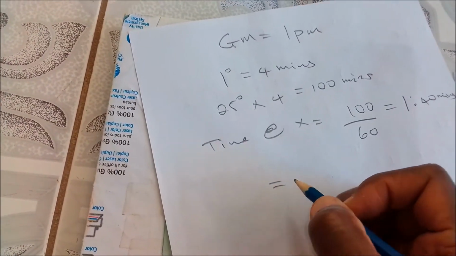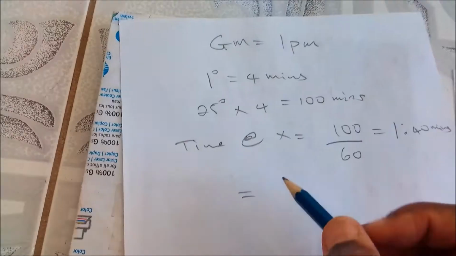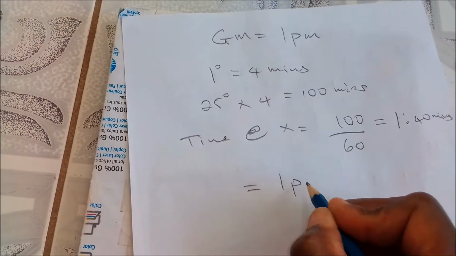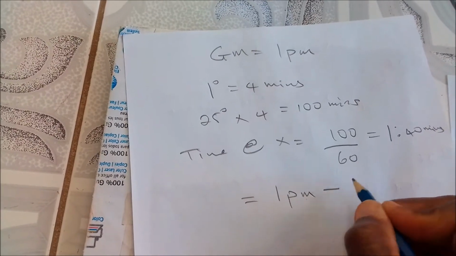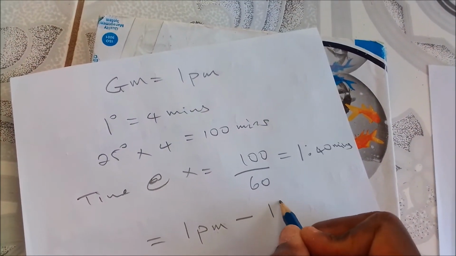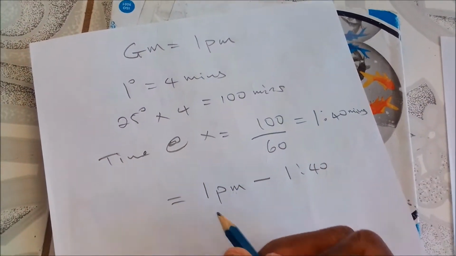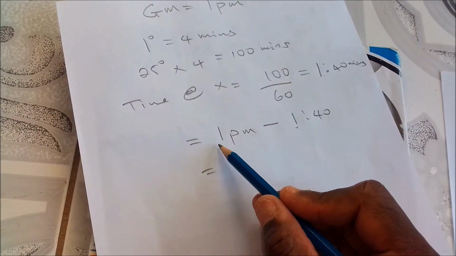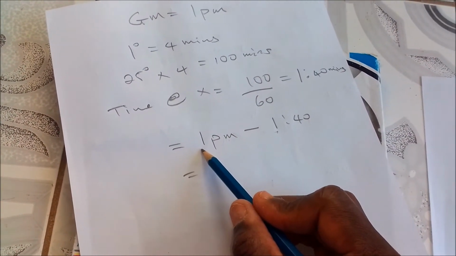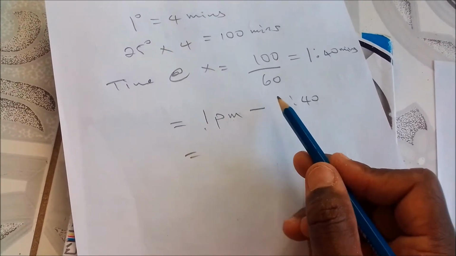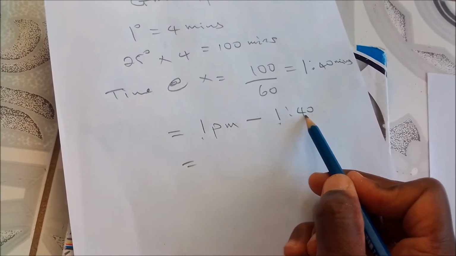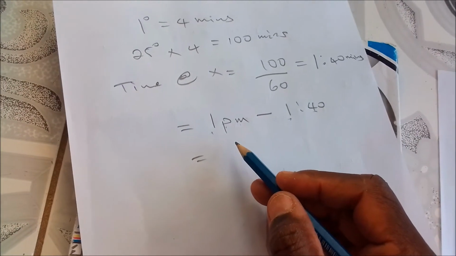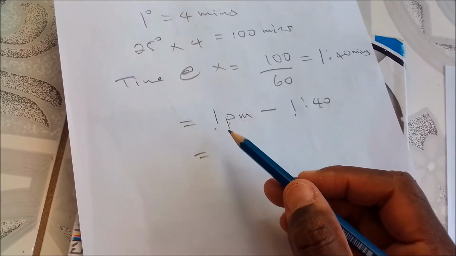We're still calculating, and it was 1 p.m. So it is 1 p.m. minus 1 hour and 40 minutes. The 1 from the 1 o'clock gives you 12 noon, and then you say 40 from the 12 noon gives you a remainder of 20.